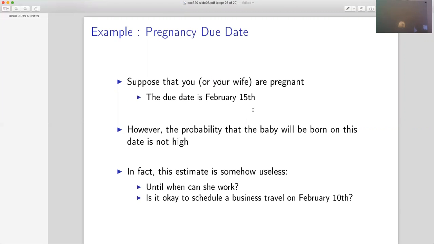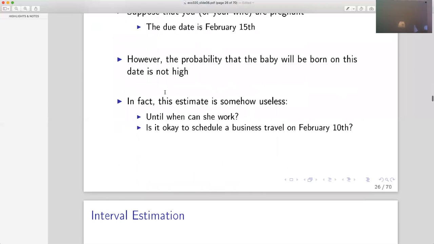It might be exactly the 15th, but there's some probability associated with that. It might be earlier, a little bit later, etc. So in fact, the estimate is somehow useless because until when can she work?